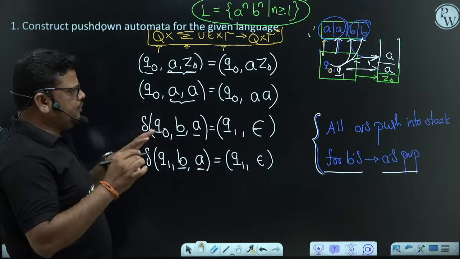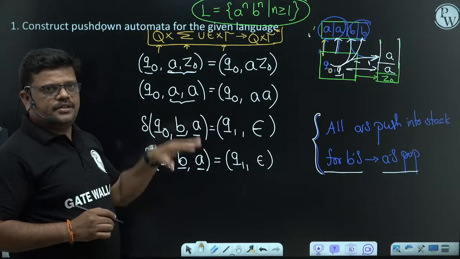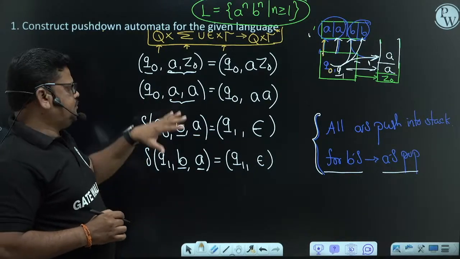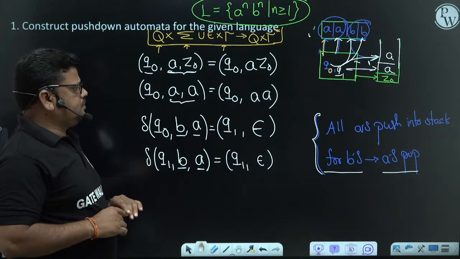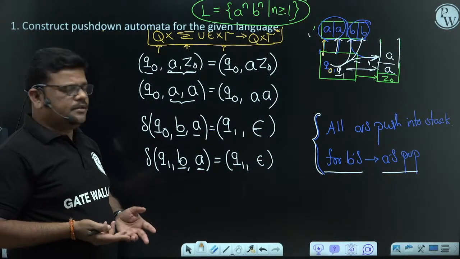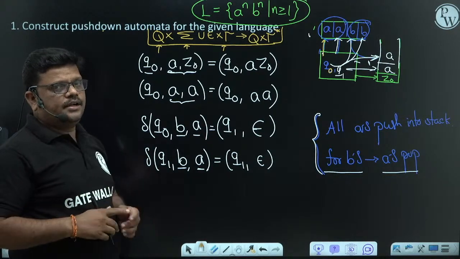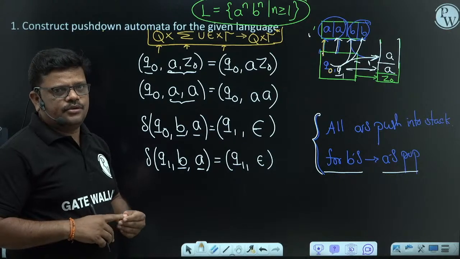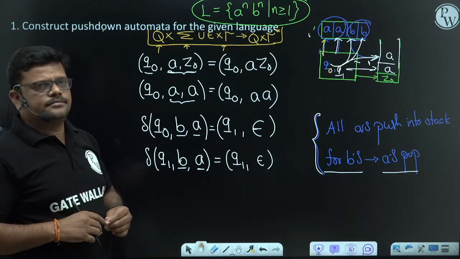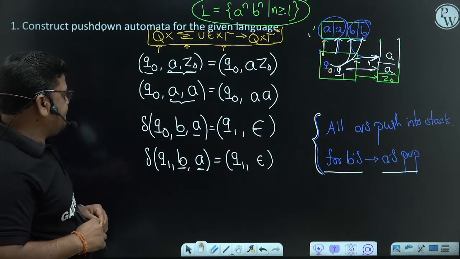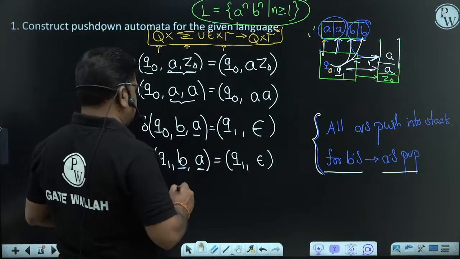I will show this by using a transition diagram. These are based on the formal definition, the normal configuration notation. I will show by using the diagram method also, how we will construct this. Like this.